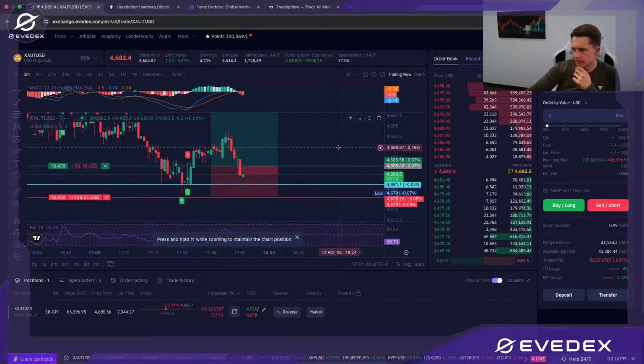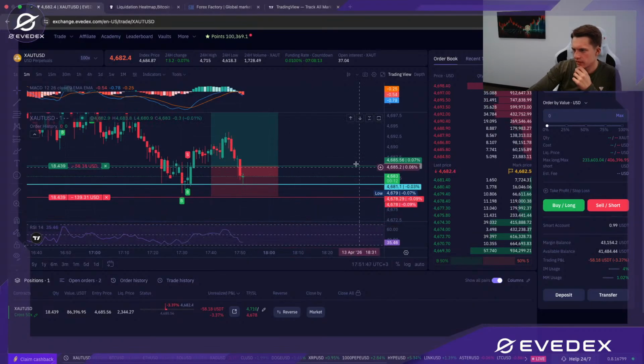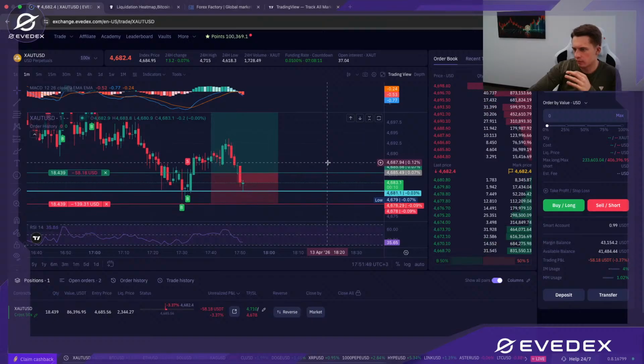We've got about 15 seconds left for that candle to fully form. From here, I would expect a reversal, as this is a strong support level.